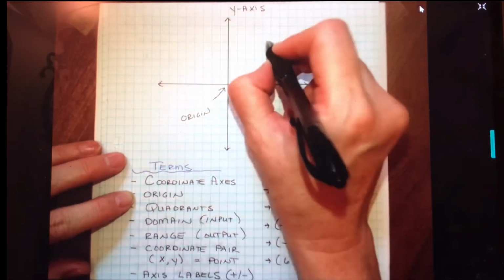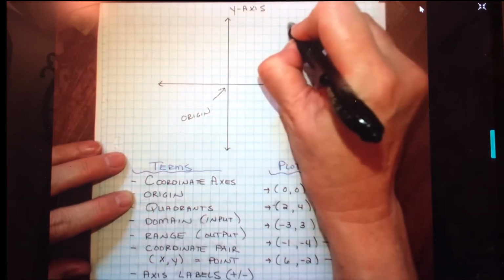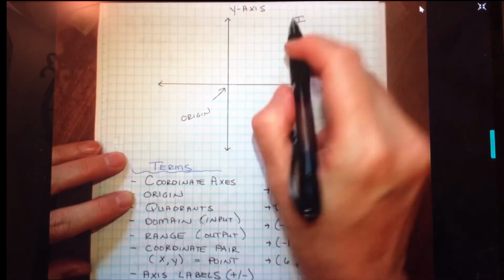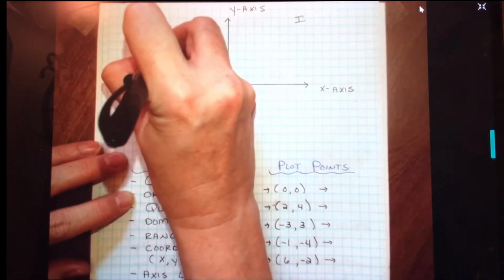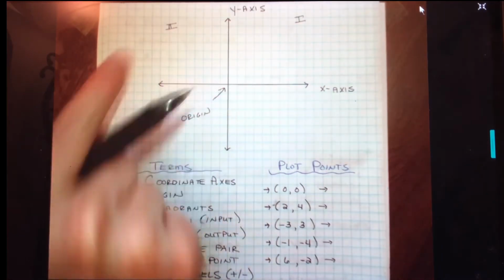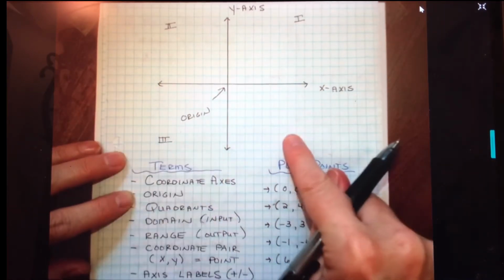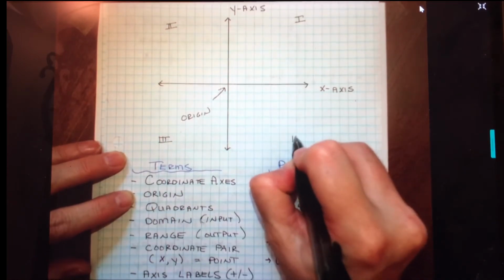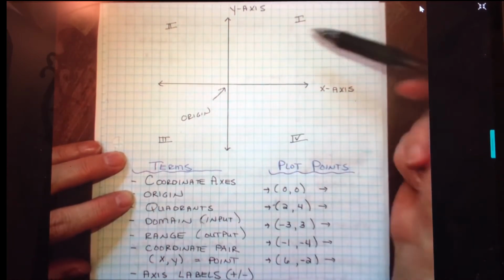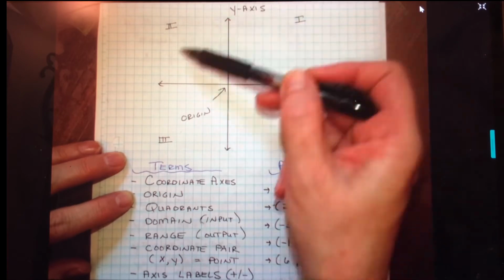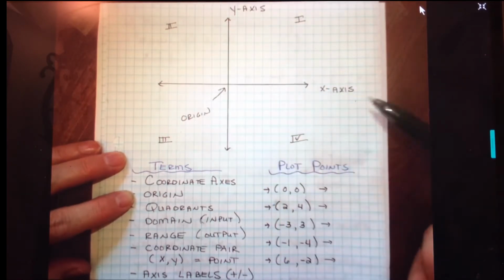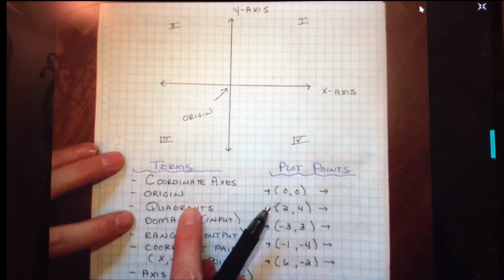So this upper right quadrant is known as quadrant 1. The upper left is known as quadrant 2, lower left, quadrant 3, and lower right is quadrant 4. So you can see that we started in the upper right corner and then we moved counterclockwise around our plane. So those are the quadrants.